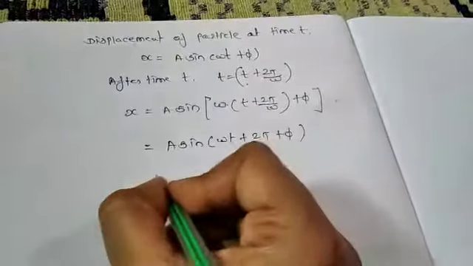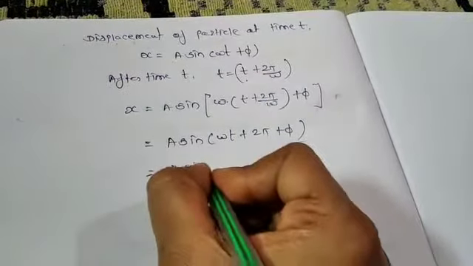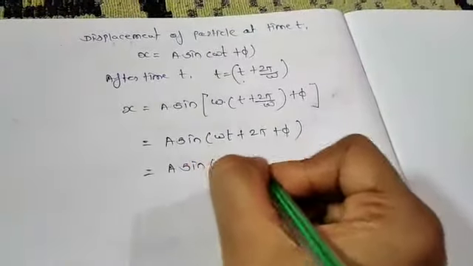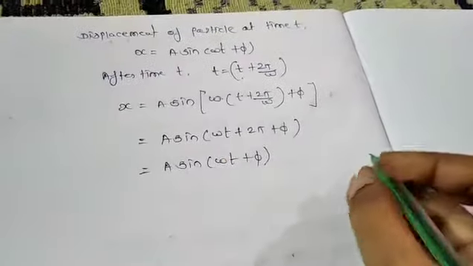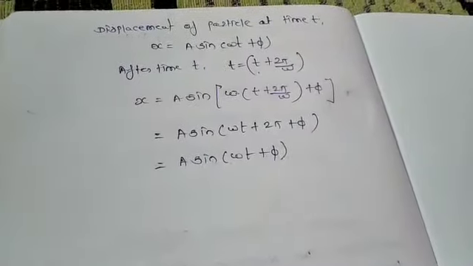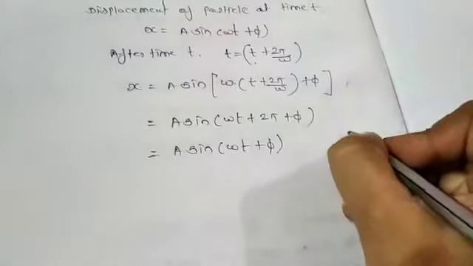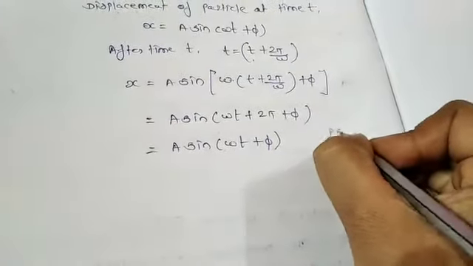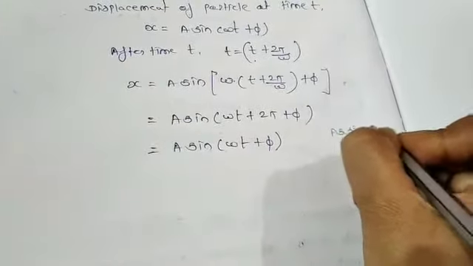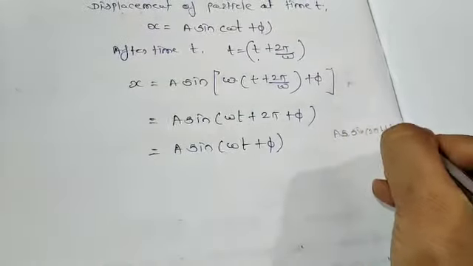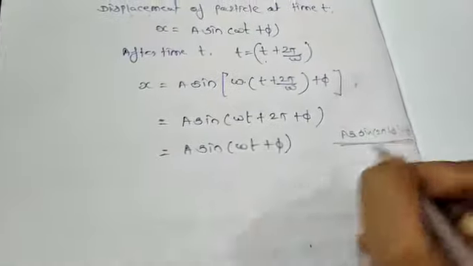We can write this as a sin(ωt + φ), as we know sin(2π + φ) is equal to sin φ. So we have written it here like this.